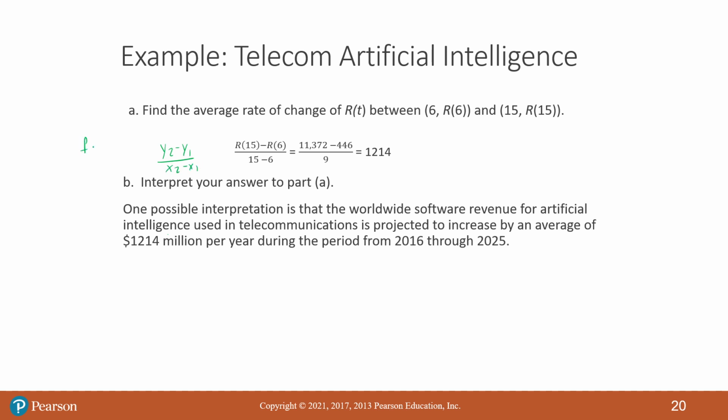They're officially calling it f of b minus f of a over b minus a, where f of b is r of 15, f of a is r of 6. Your b is 15, your a is 6. I think we can all see that 15 minus 6 gives us 9. I'm not so much worried about that part. The r of 15 and the r of 6, I want to make sure you know how to calculate those.